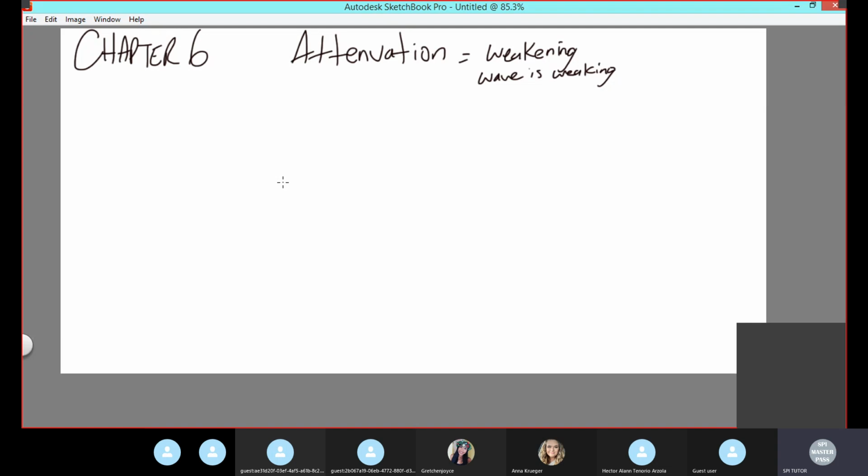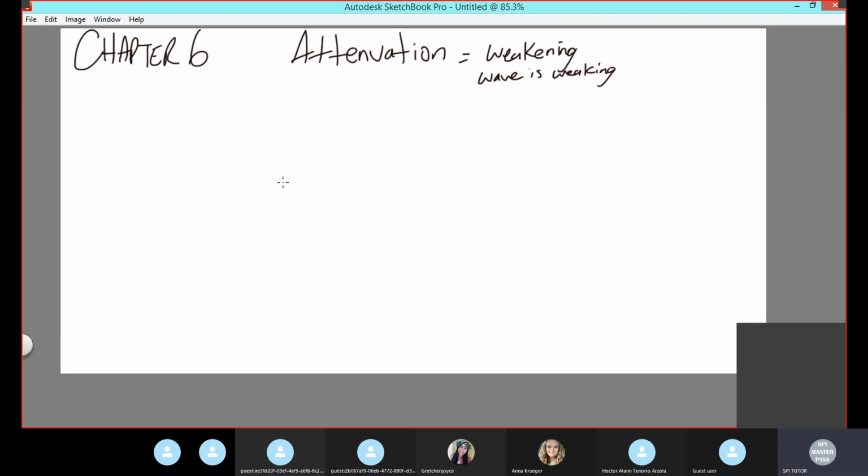So that's attenuation. Just things progressively get weaker if you leave them to their natural being, I guess, for lack of a better term. Things just get weaker and weaker and weaker. All right. So enough about attenuation.